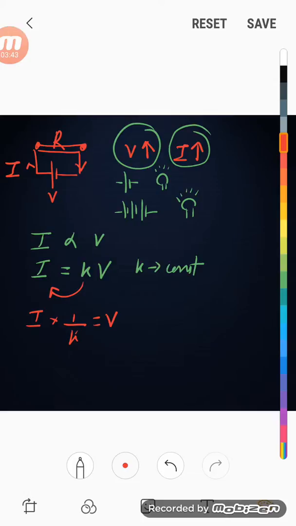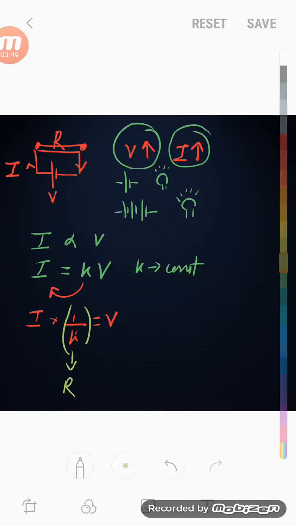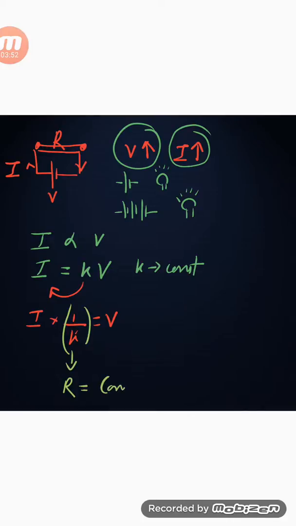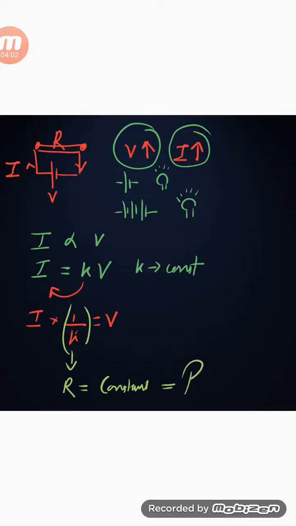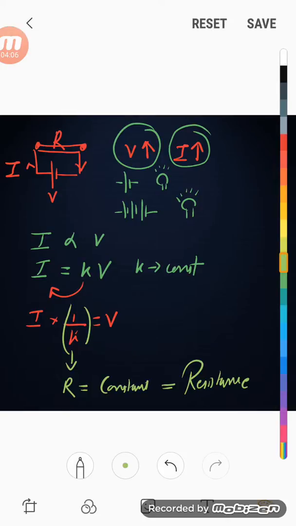And if we replace this 1 upon K with R, which is again a constant, since K is constant, so 1 upon K is constant, and we are taking that 1 upon K as R, which is equal to the resistance given by that conductor.